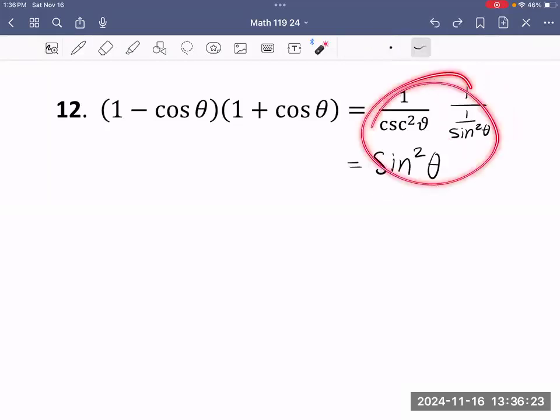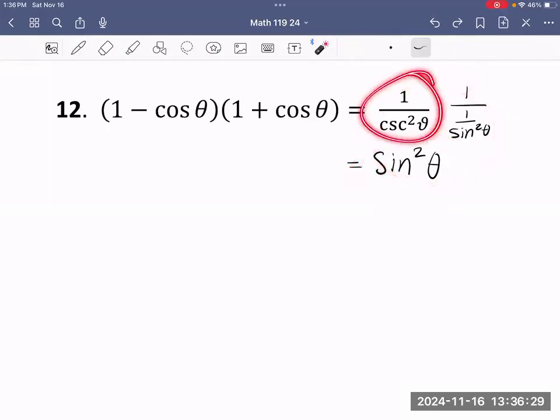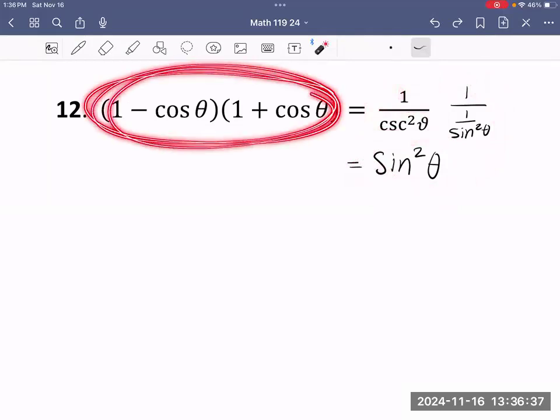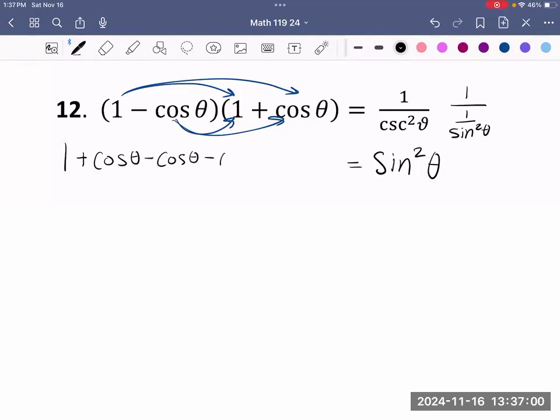Sometimes if they're not simple enough on this side, if it looks a little weird, we can go ahead and rewrite the other side, where perhaps we're going to see a 1 over cosecant of theta. If we have something like this, it looks very much like a difference of squares. So when you go to FOIL, we should get 1 times 1, which is just 1. Then 1 times a positive cosine is a cosine. If we do the same thing with the other, we get negative cosine times 1, and then negative cosine times a cosine.